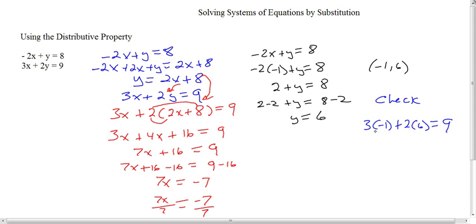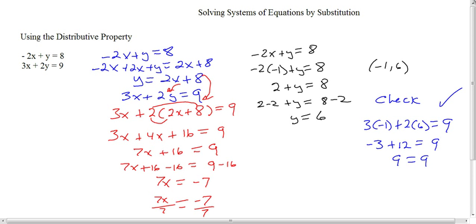So 3 times 1 is 3, but this is a positive times a negative. That's going to give us a negative 3 plus 2 times 6 is 12 is equal to 9. Let's subtract 3 from 12, 9. So 9 does equal 9, and guess what?